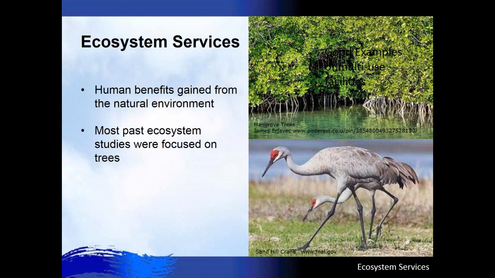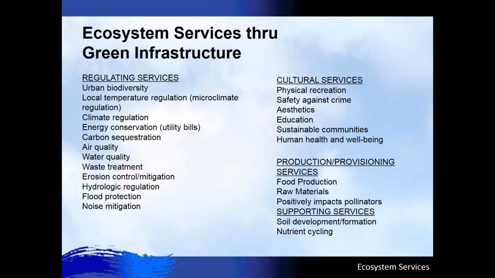Within ecology, usually those ecosystem services are divided into 4 different categories: regulating services, cultural services, production services, and supporting services. I've listed all of those services that we benefit from green infrastructure within each one of those divisions.